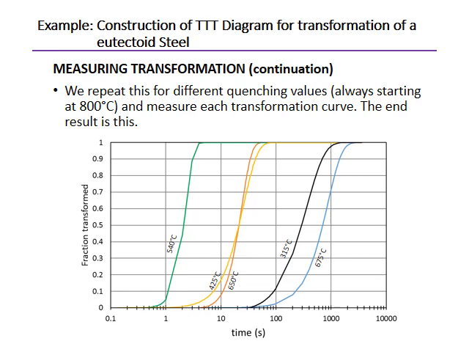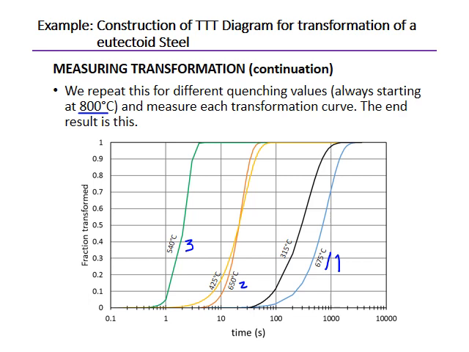So we repeat the experiment. We again heat the material, always starting at 800 Celsius, and we quench to different values. Our first experiment was for 675, second experiment 650, the third experiment 540. Why is the graph shifting to the left?